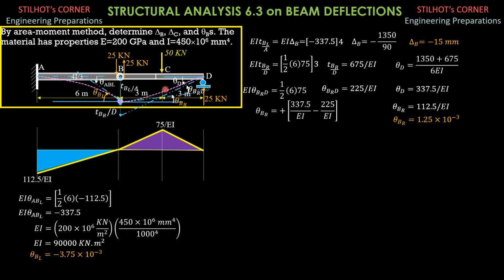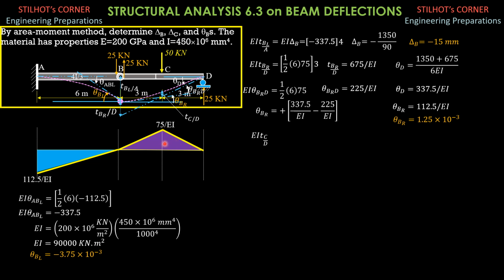Then finally, for delta C, let's compute this deviation of C relative to the tangent at D. It is positive because this is above the reference tangent at D as shown in the figure. That's the deviation of C relative to D. And this is simply the moment of area between C and D with respect to C. And the area is 1/2 of 3 times 75.